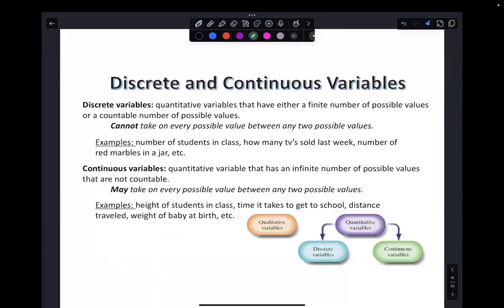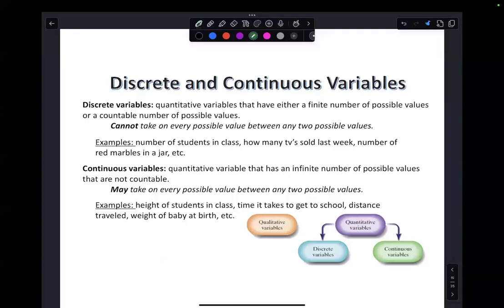Continuous can take on every possible value between two values. So it's usually something that's a measurement, like how much you've grown, or a distance, or a temperature, because it can take on every value in between. I can't drive 30 miles before I've driven 29.5 miles. I have to hit every value in between to hit that 30 miles.